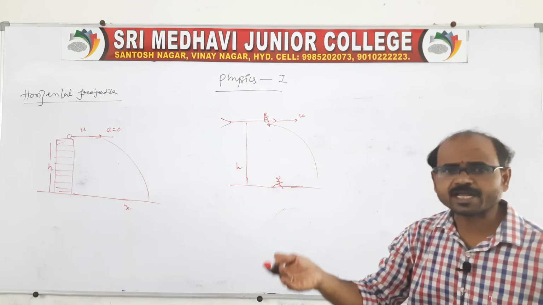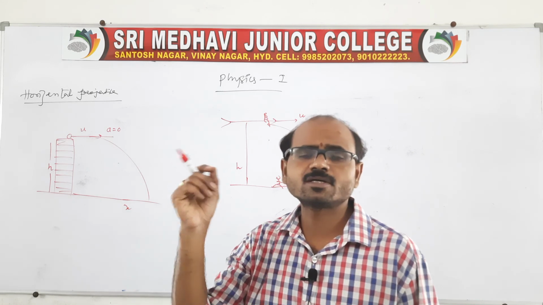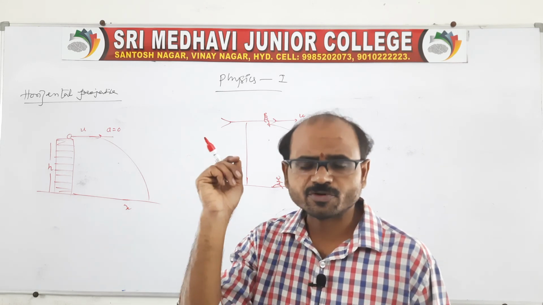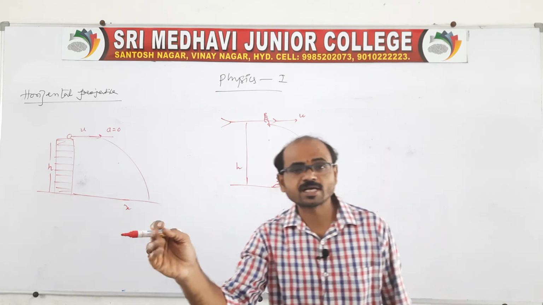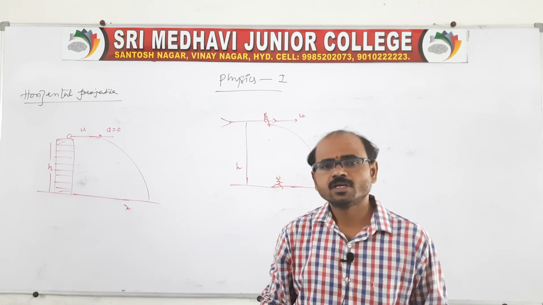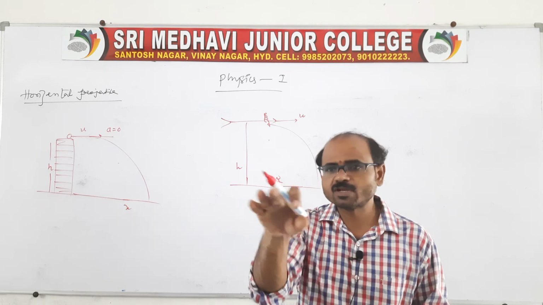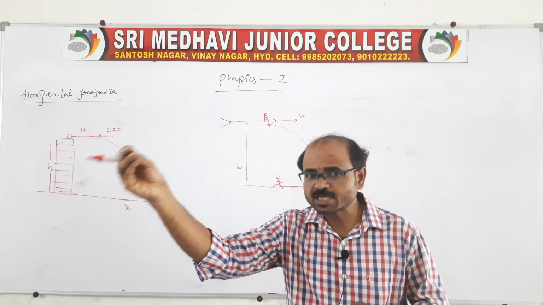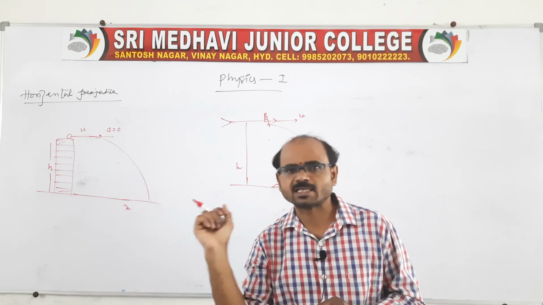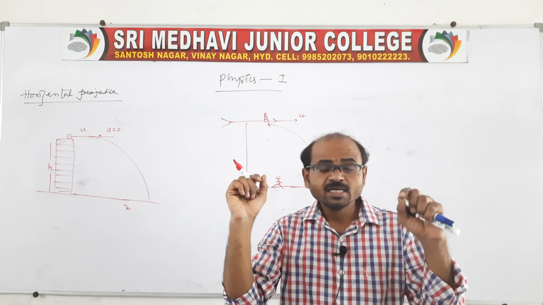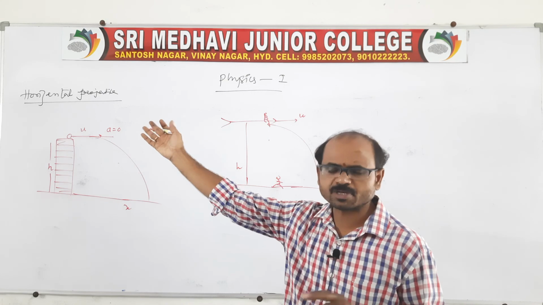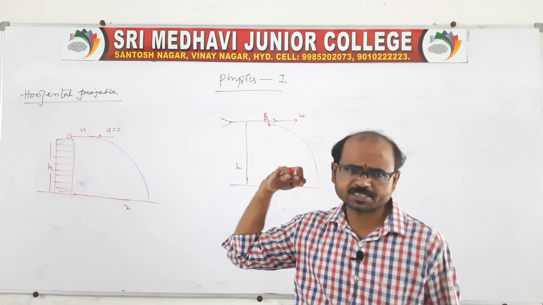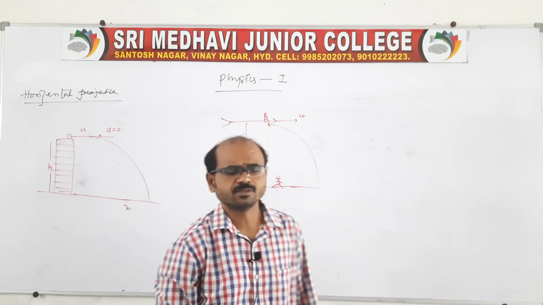Suppose from the train also a body is thrown horizontally, we also call that a horizontal projectile. There also, for the person in the train, the path looks like a straight line, whereas for a person outside it looks like a parabolic path. This type of projectile motion we call a horizontal projectile, because there is no angle; it is projected horizontally from the top of a tower.